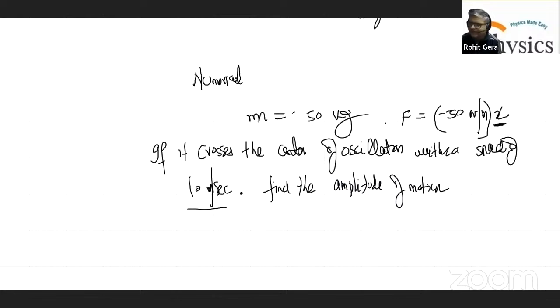So the velocity at the center of oscillation, that is the mean position, is known at that point.